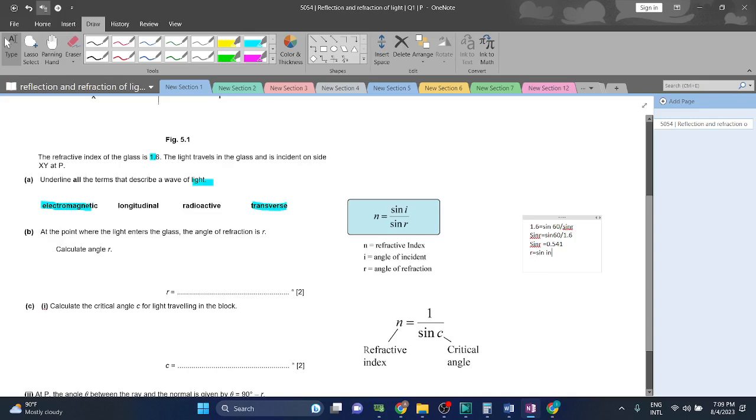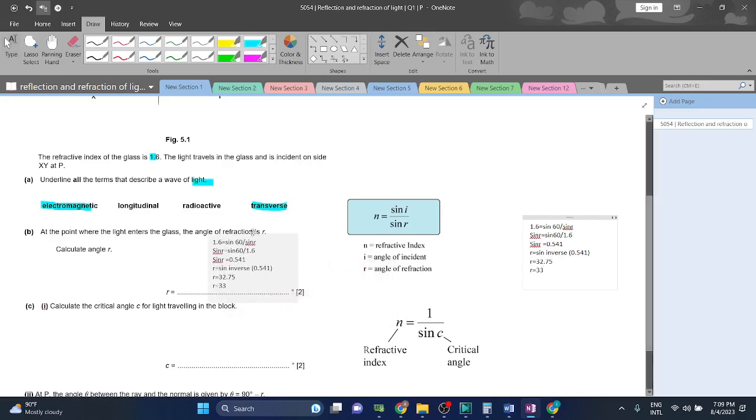So sine inverse of 0.541 will give us an answer, let's check, R is equal to 32.75. And if we round it off, we'll get R is equal to 33.